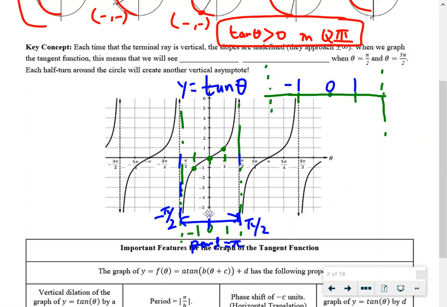I forgot to go over the key concept. When we graph the tangent function, whenever you're getting y-axis quadrantal angles, pi over 2, 3 pi over 2, or 5 pi over 2, 7 pi over 2, then you are going to see a vertical asymptote.